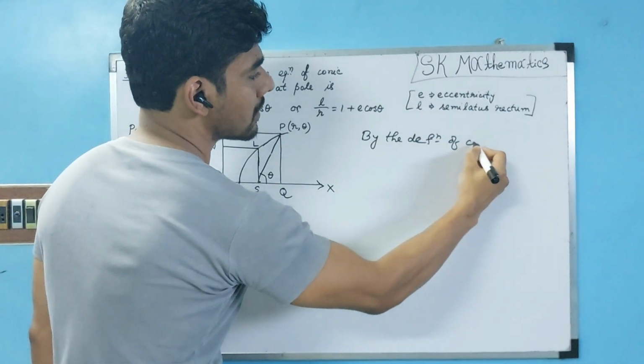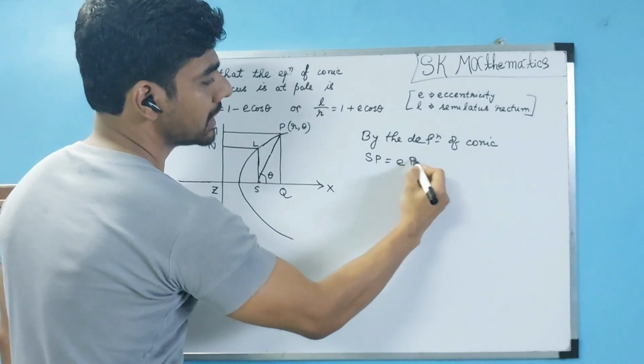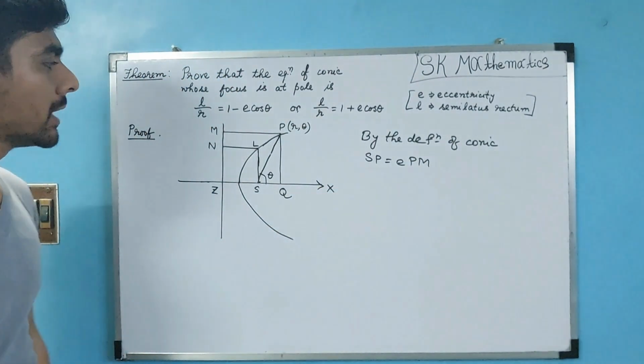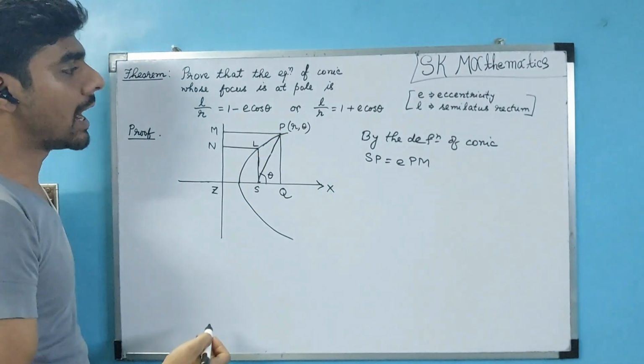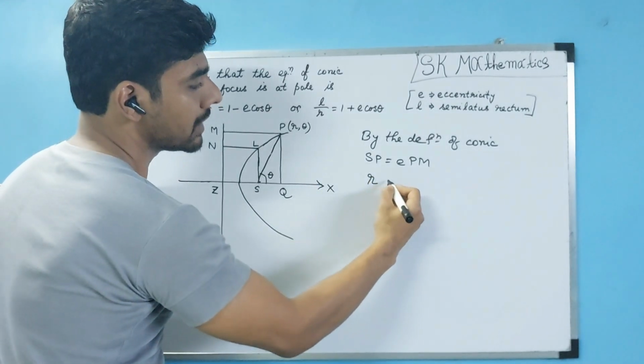of a conic, you also know that SP equal to e PM, as you did in class 11. SP equal to e PM. Now as P is (r, theta), SP equal to r.